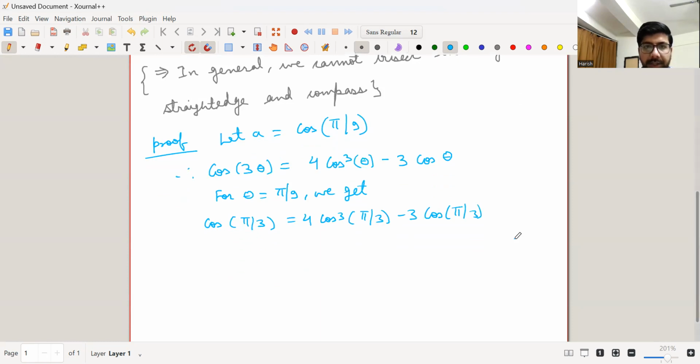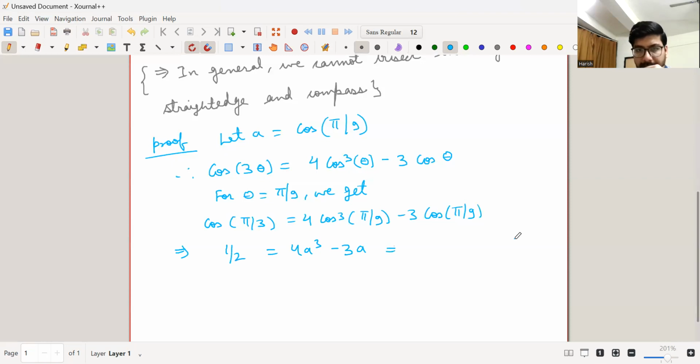See, cos pi by 3, sorry, it should be pi by 9 here. We're taking theta to be pi by 9. Yeah. So we have already taken cos pi by 9 to be a. So this implies that cos pi by 3 is cos 60, which is 1 by 2. So this is 1 by 2 is equal to 4a cube minus 3a.